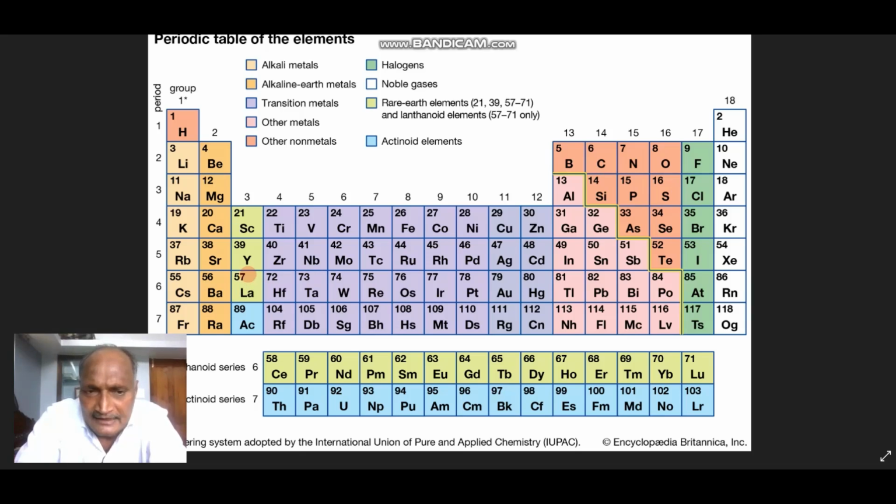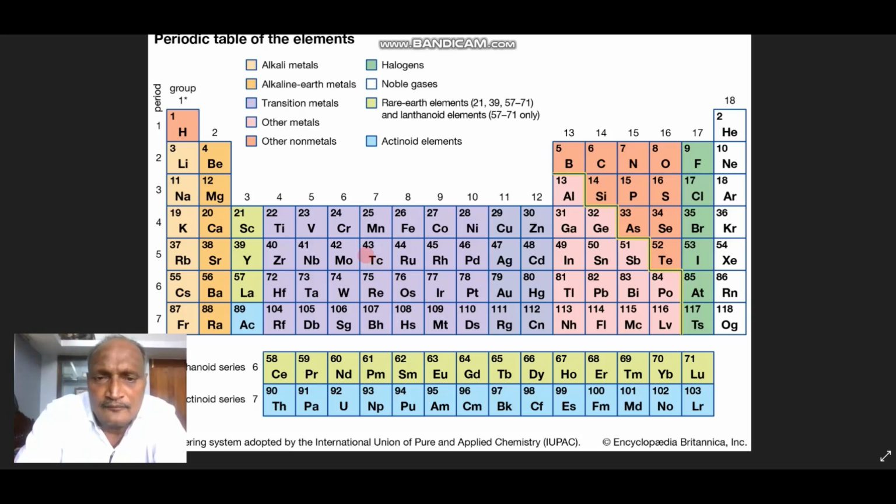As you know, the d block elements are divided into 4 series: 3d series, starting from atomic number 21 to 30; 4d series, starting from atomic number 39 to 48; 5d series, starting from atomic number 57 to 80; and 6d series, starting from atomic number 89 to 112.